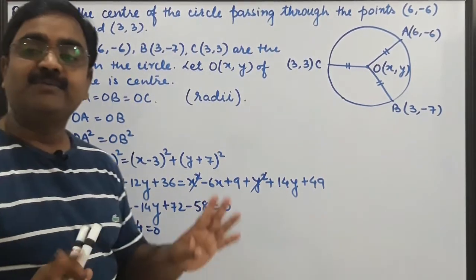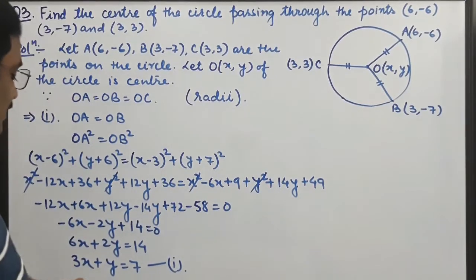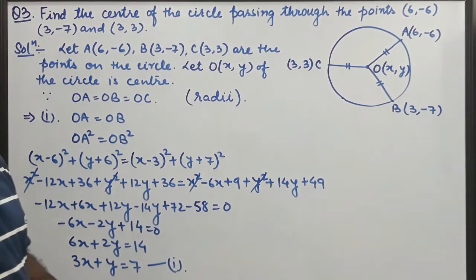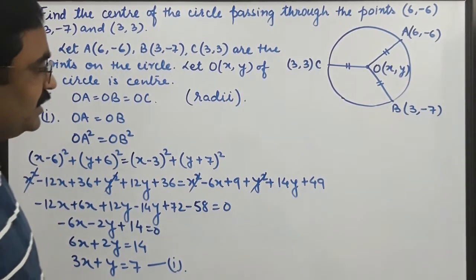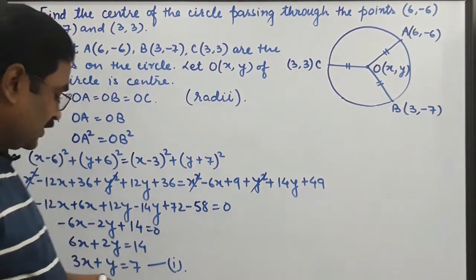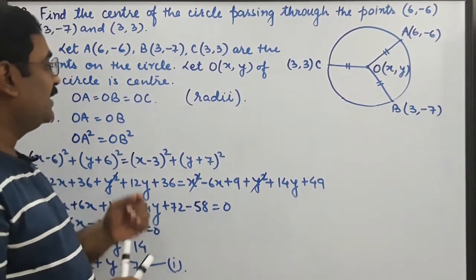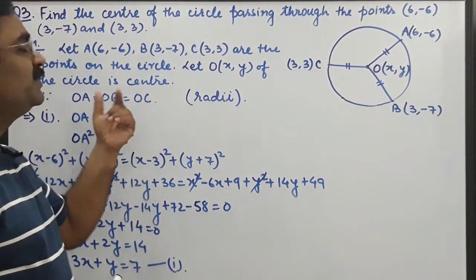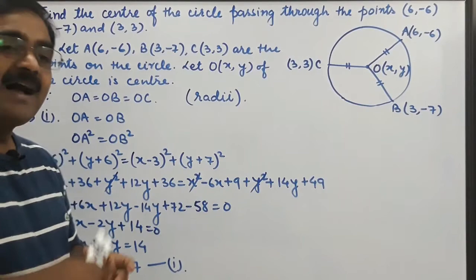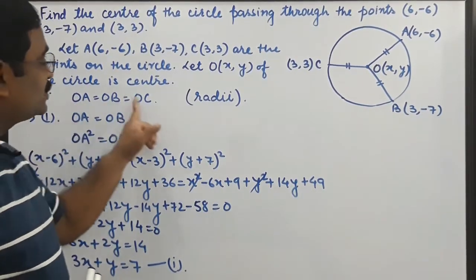We will get the first equation, 3x plus y equals 7. Okay children, after getting this equation, we have to take the second condition, OB equals OC, or you can take OA equals OC.